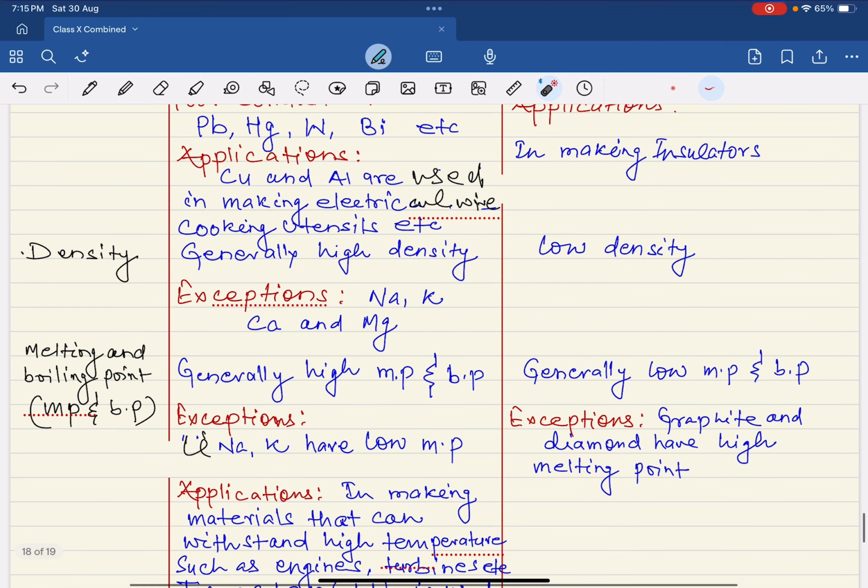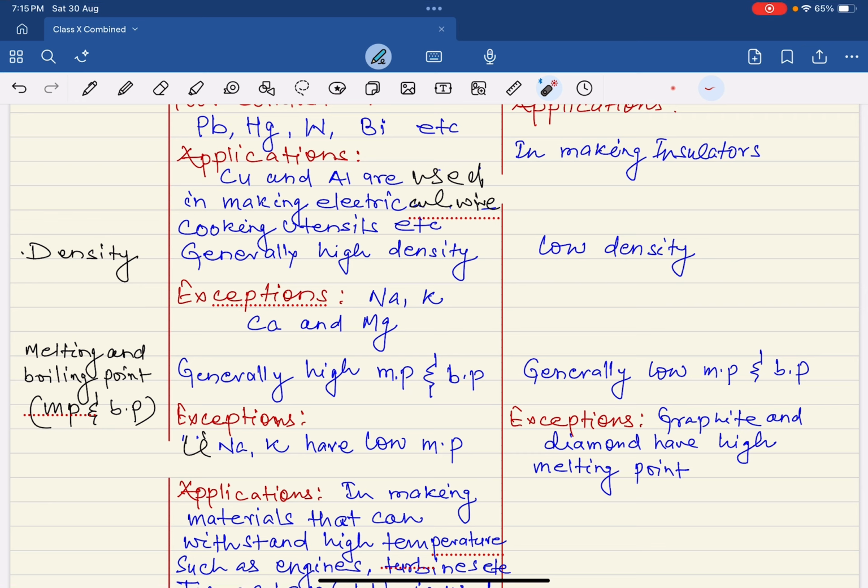Then melting and boiling point. Generally metals have high melting and boiling points and non-metals have low melting and boiling points. Exceptions in metals like lithium, sodium, potassium have low melting points because they are soft, because the force of attraction or metallic bond is very less.